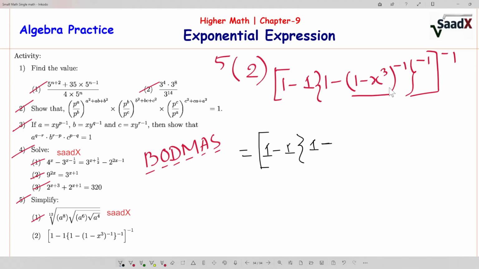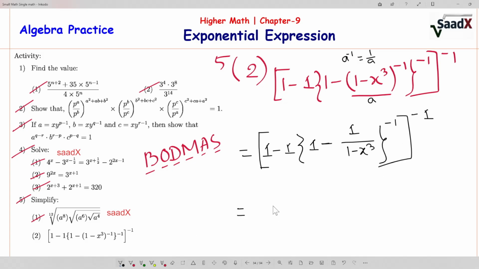Inside the bracket we cannot do anything, so let's think it's a. So a to the power minus 1 means 1 by a. Similarly, we can write 1 divided by 1 minus x cube, because of this negative exponent. So the first bracket work is done, then the second bracket to the power minus 1, third bracket to the power minus 1.